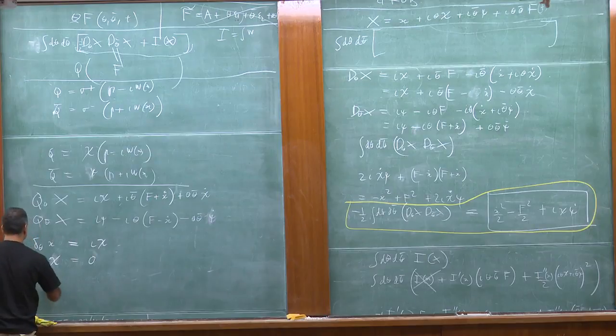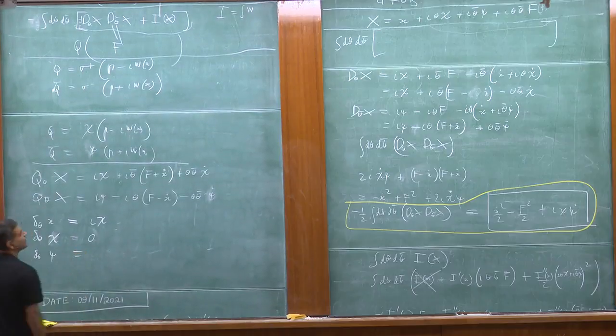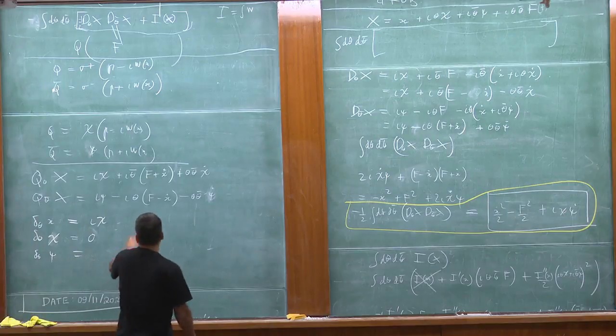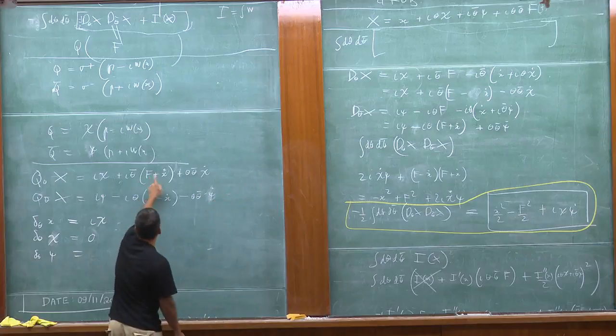Delta theta, maybe I should just call it delta and delta bar, but anyway, you'll excuse the notation. Delta theta of psi is equal to what? Psi was I theta bar psi, so we have an I theta bar, so this is f plus x dot.